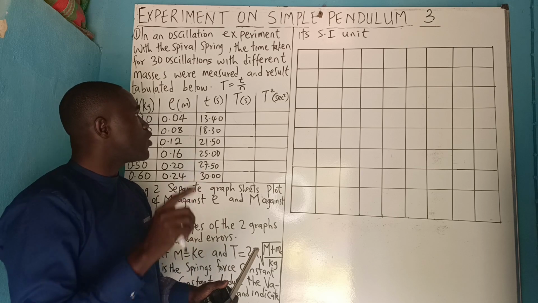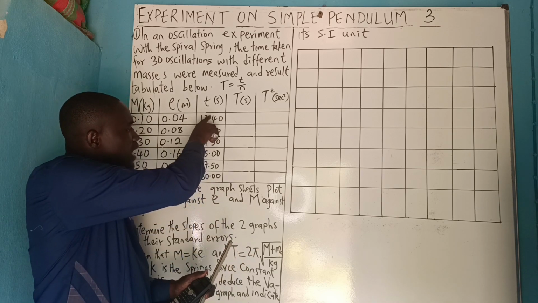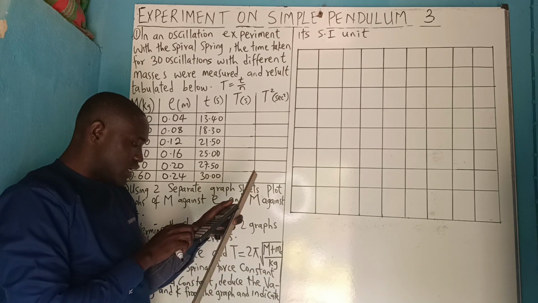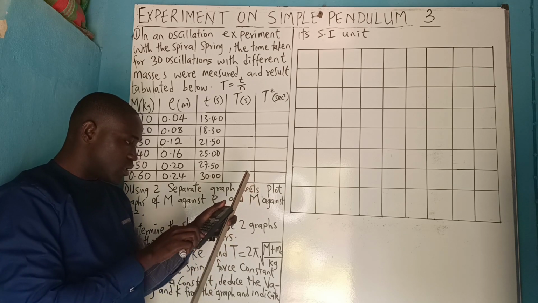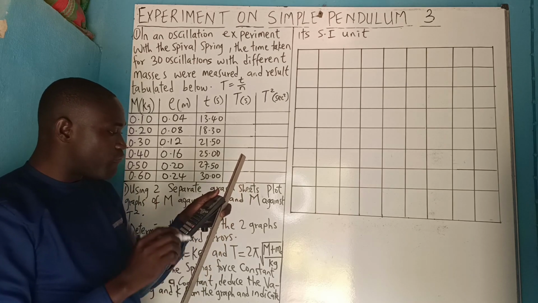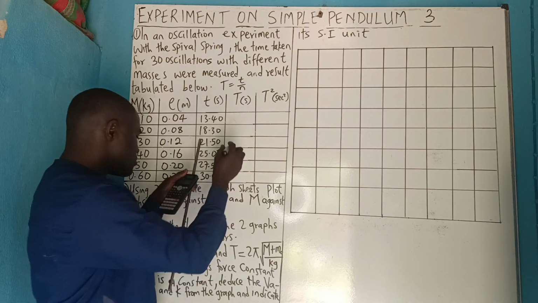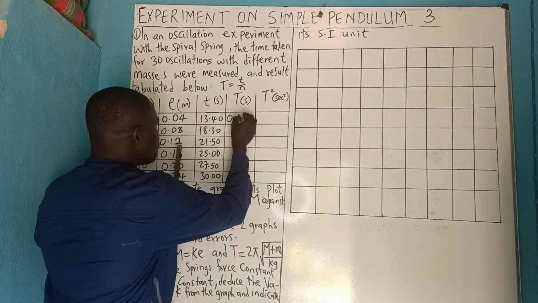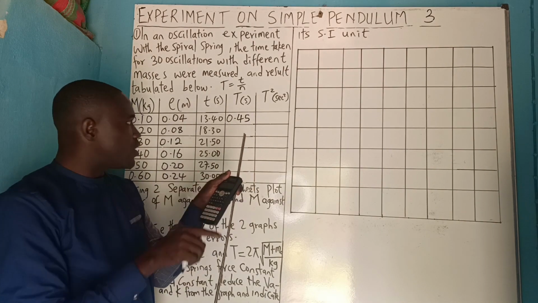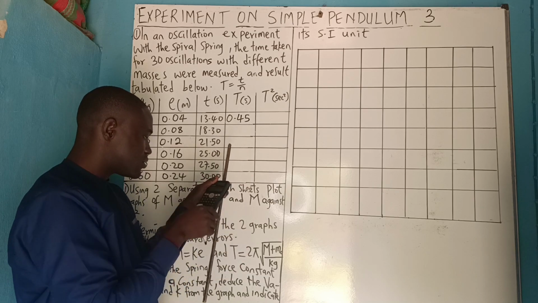And so, what you have to do is divide everything here by 30, one after the other. 13.4 divided by 30, 0.446. So approximate it to be 0.45. We carry it as it is in the calculator and square it.